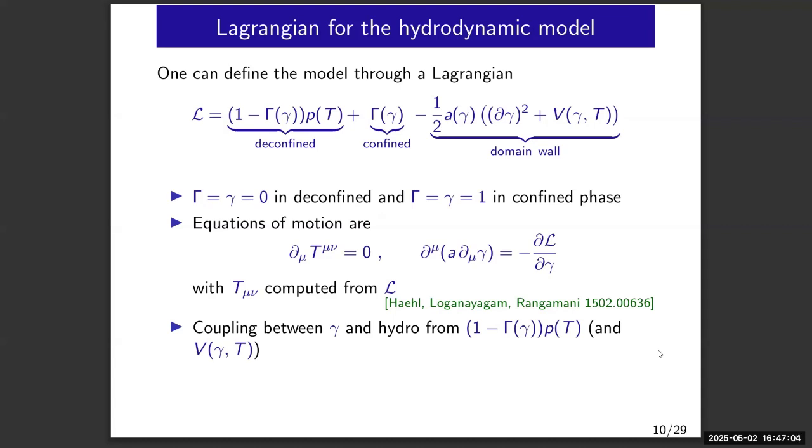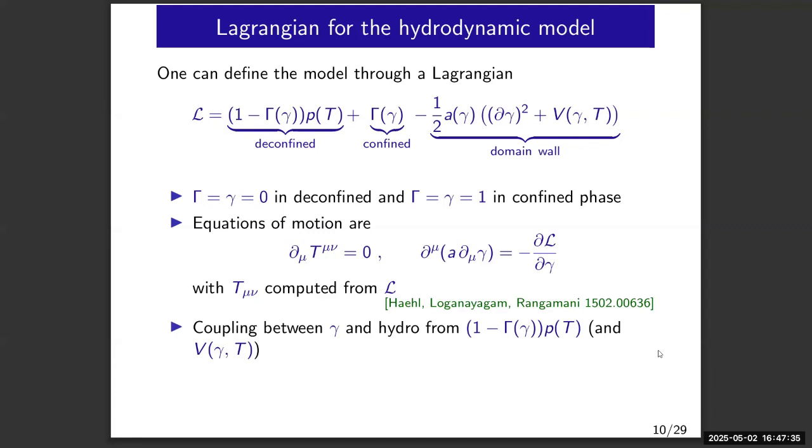If you only had hydrodynamics, the action would be equal to the pressure. But now there is also this capital Gamma order parameter function. Then there is a confined term, which is just a trivial term. And then I have promoted the order parameter into a dynamical field. This will be describing what happens at the domain.